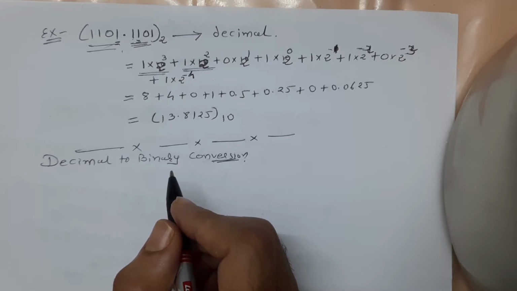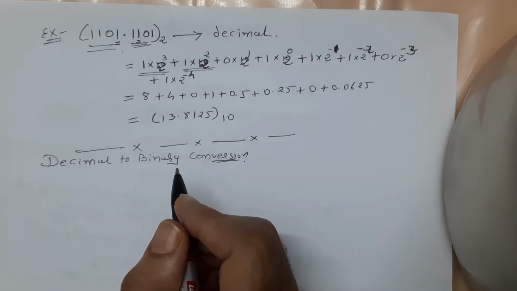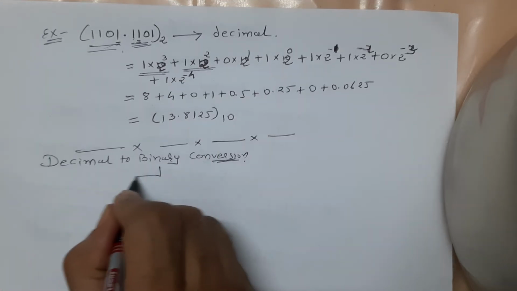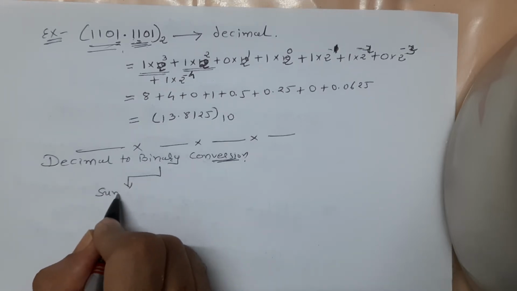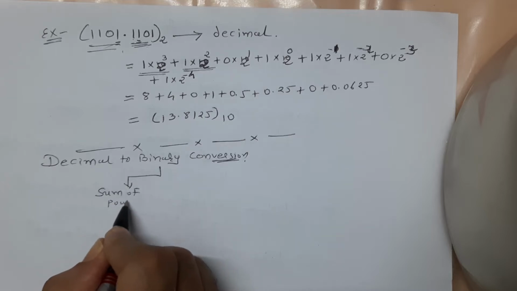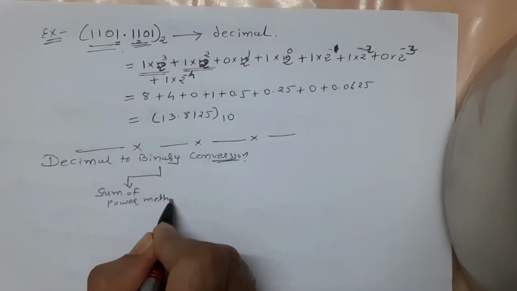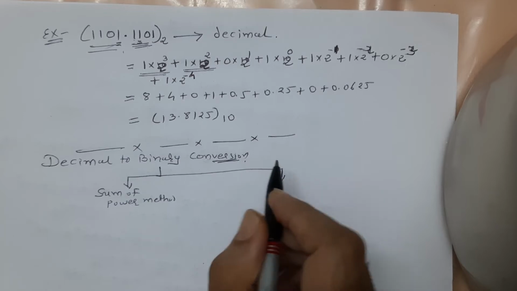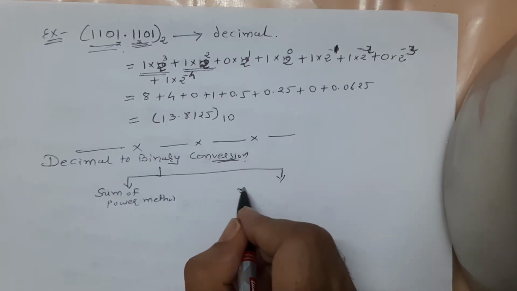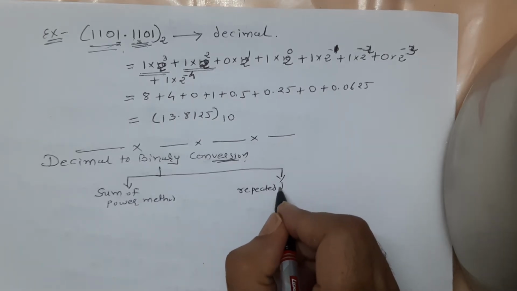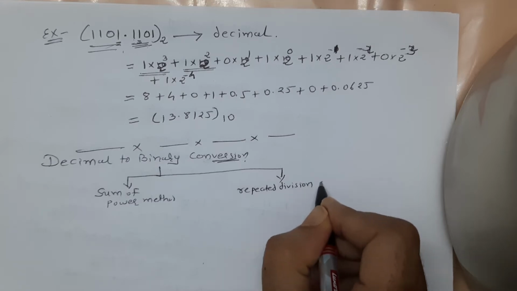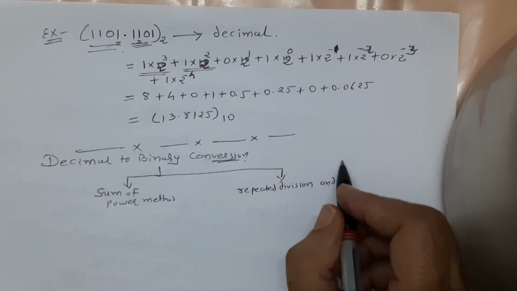The first is the sum of power method, and the second one is the repeated division and multiplication method.